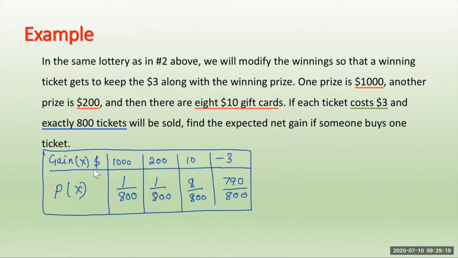Now we need to find the expected net gain. If you remember, the expected net gain, E of X, is the sum of X times P of X. That is, we have to multiply these numbers and then add them together. So the first one is 1,000 times 1 over 800, which is 1,000 divided by 800.